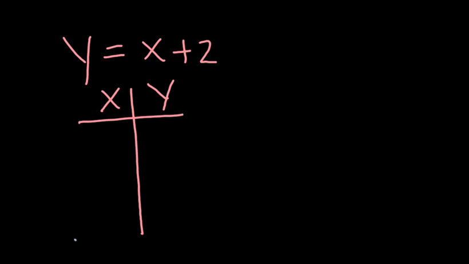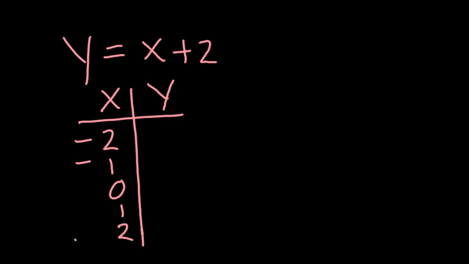I would stick close to 0 when I choose x's because sometimes if you choose big numbers for x's, you get big answers for y and they don't fit well on your graph. So stick close to 0. You need to choose 5 points. So go -2, -1, 0, 1, and 2. That's sticking close to 0.